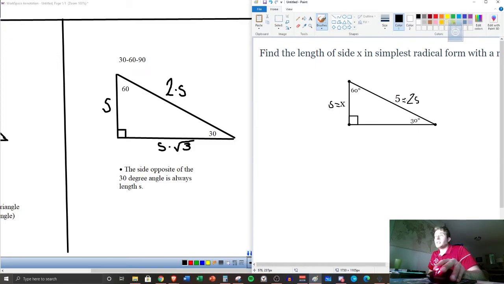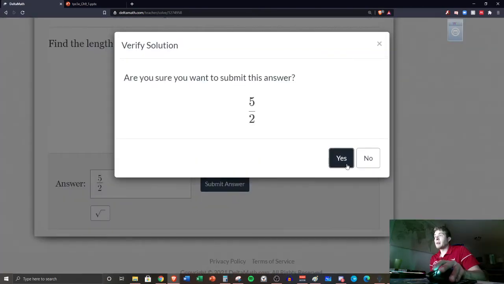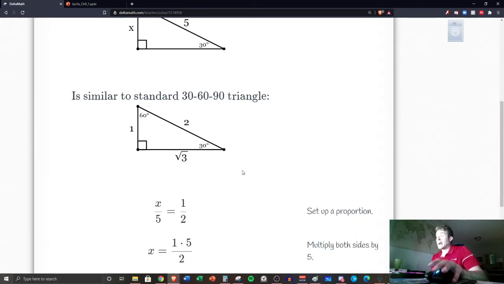So really all this means is I just need to divide 5 by 2. If I'm doing the algebra here, let's move that over. I'm just going to divide both sides by 2. And that gets us this. So this is 5 over 2. I don't know if a decimal would work here for an entry of an answer, but I'm just going to put 5 divided by 2, and we get it correct. Okay.